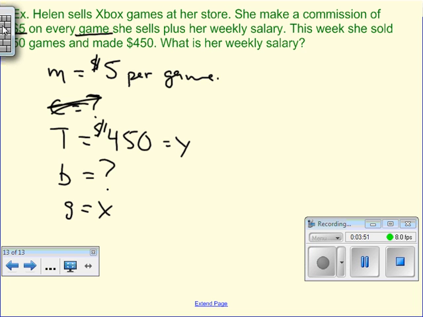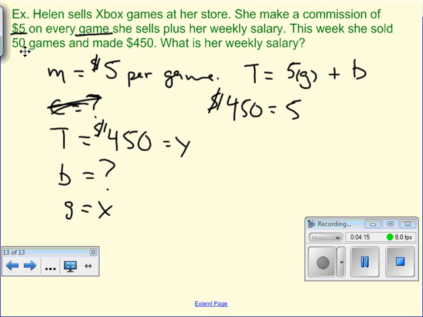So I can set it up like this. Her total is equal to $5 for every game G that she sells, plus her weekly salary b. I know her total, $450, is equal to $5, and she sold 50 games.